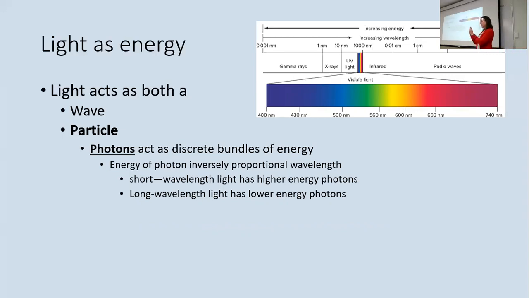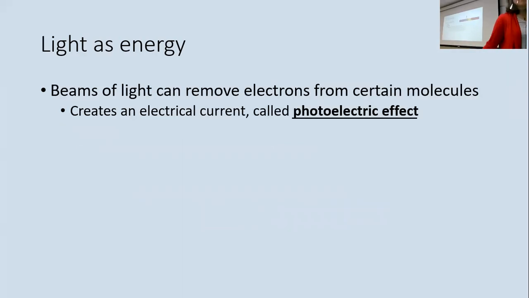So the amount of energy that photon has determines where it is on the spectrum, whether it's lower energy or higher energy. And the amount of energy the photon has is important because beams of light, i.e. photons, can remove electrons from certain molecules.